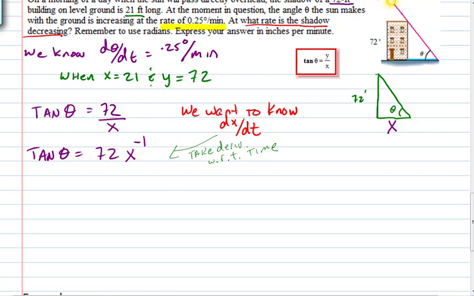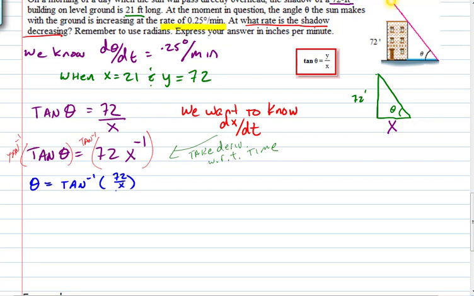Before we do that, let's rewrite this function. How can I get the theta by itself? Don't divide by tangent. Take tan inverse of both sides, so that we have the equation theta equals tan inverse of 72 over x.